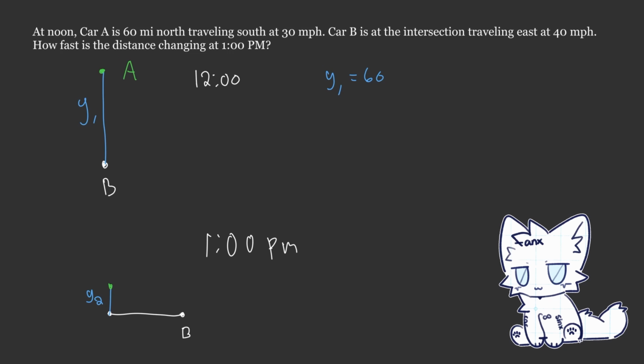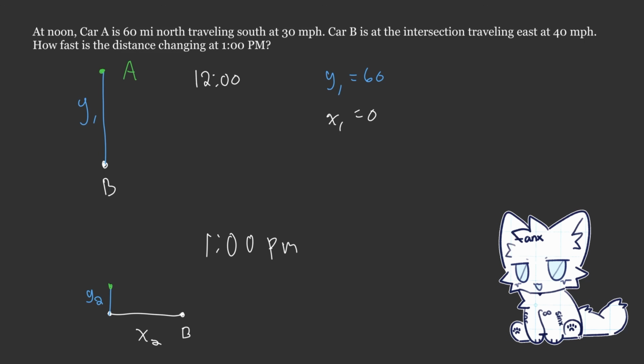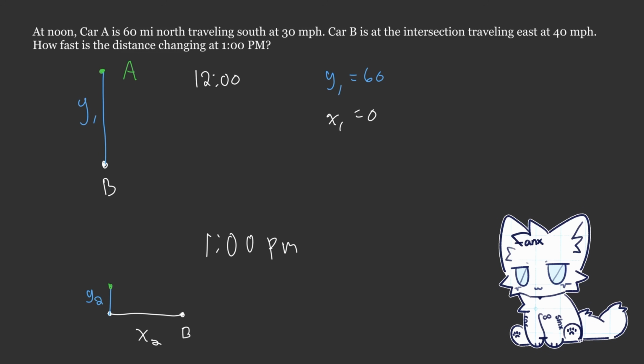But for now, x1 is equal to 0. And this can be x2. And at 1 p.m., it travels 30 miles per hour because it takes an hour.